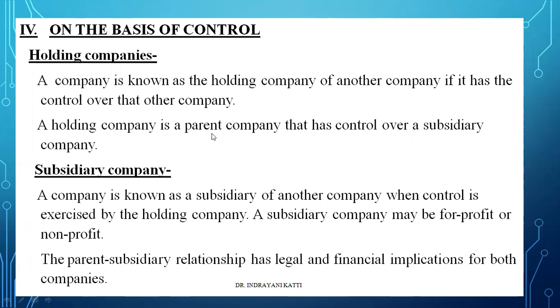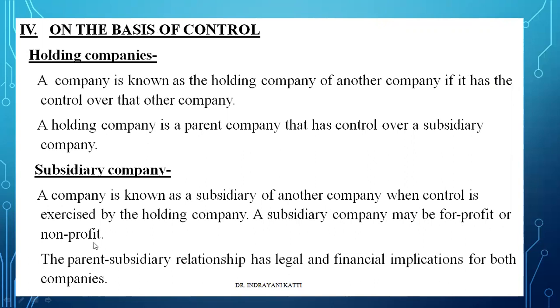A holding company is a parent company that has control over a subsidiary company, right? So what do you mean by subsidiary company? Let's understand. A company is known as a subsidiary of another company when control is exercised by the holding company, right? It means the subsidiary company will be managed and controlled by the holding company. Okay, a subsidiary company may be for profit or for non-profit.